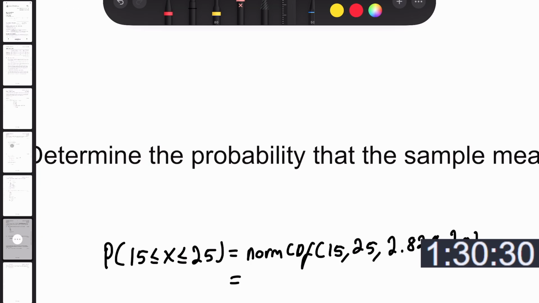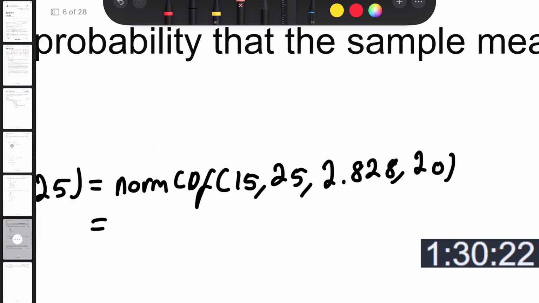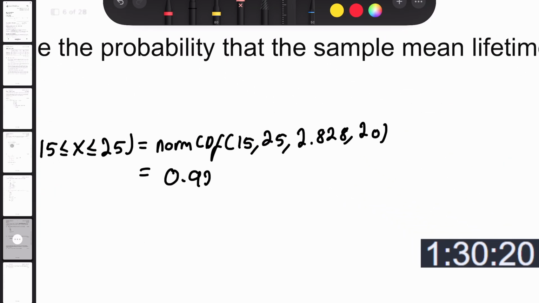So equals 0.229. Is it one of percentage?